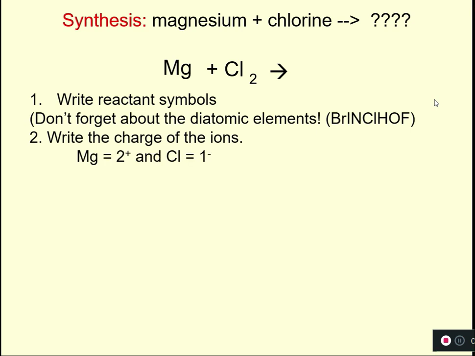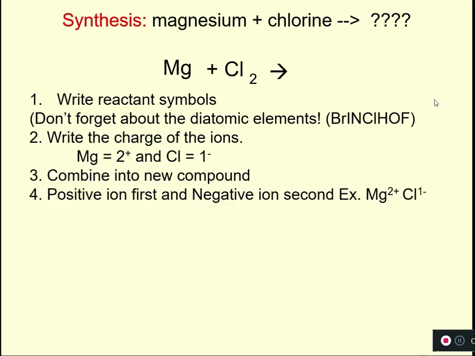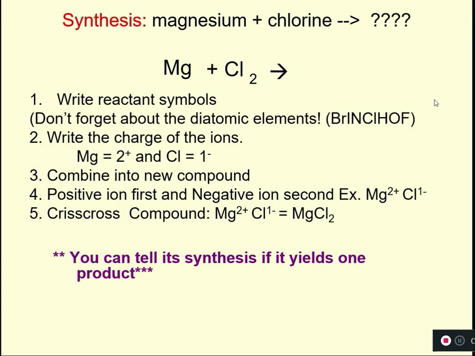Magnesium has a +2 charge and chloride has a -1 charge. So remembering to do the crisscross, putting the magnesium first and the chloride second, and crisscrossing the charges, we get MgCl2. So our product is going to be MgCl2. And again, you can tell that this is a synthesis because you only have one product.